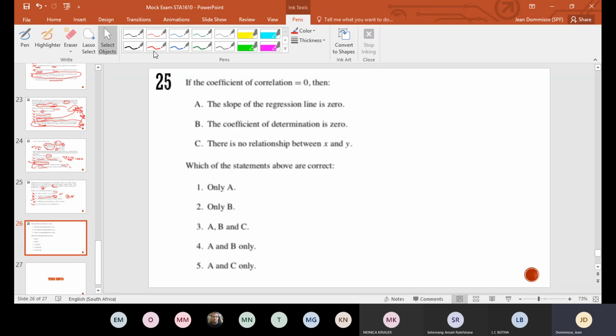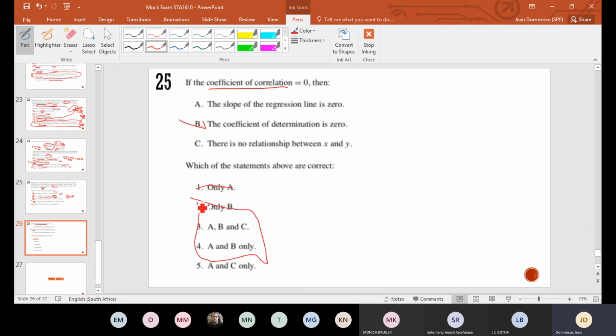If the coefficient of correlation is 0, the coefficient of determination is 0 as well. So at least we're sitting with those as options if we're going to guess.